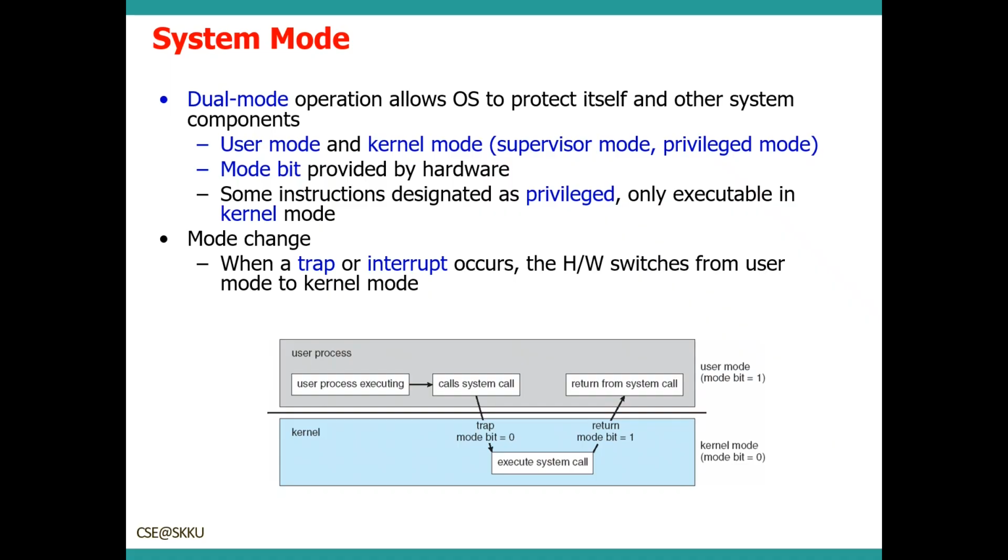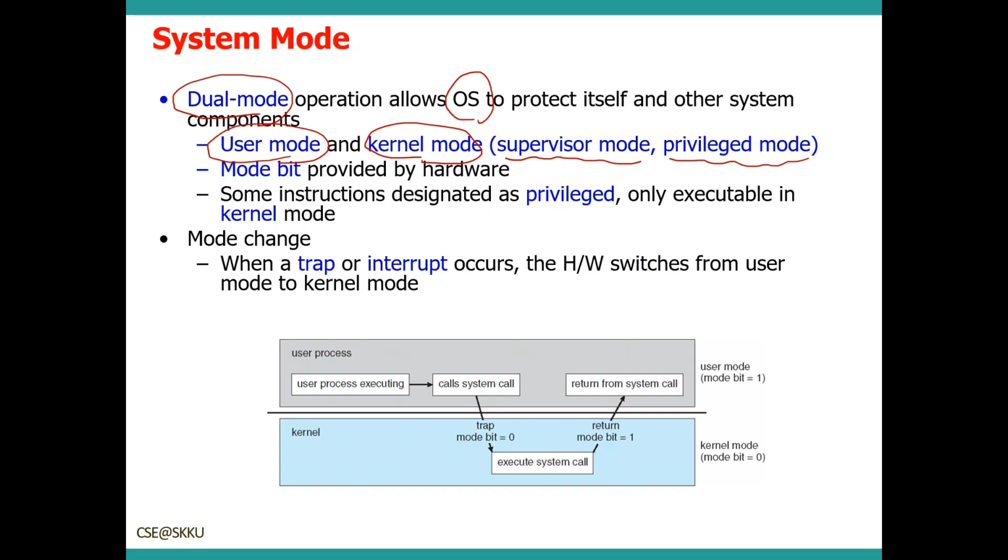This figure explains the mechanism of dual mode operation of modern computing architecture. The processor provides dual mode, and it allows the operating system to protect itself and other system components. Generally, two modes are provided, user mode and kernel mode. Kernel mode is also called supervisor mode or privileged mode.